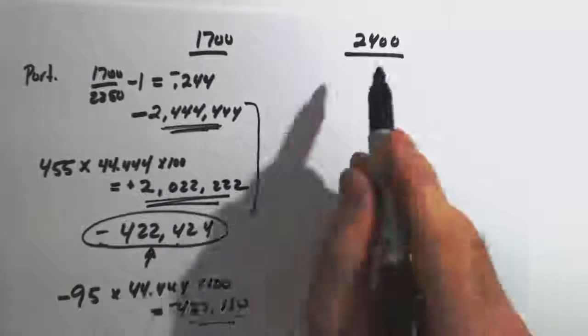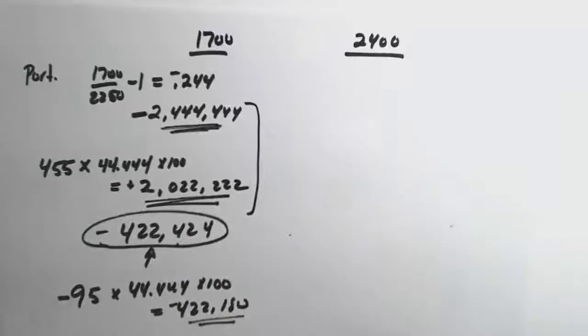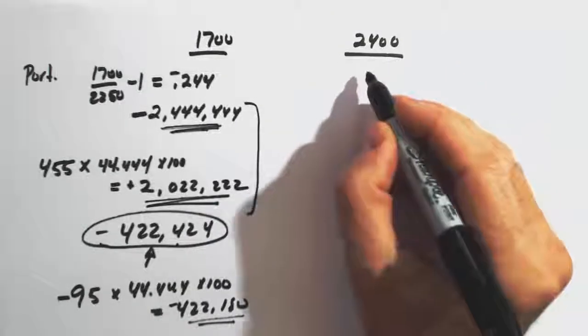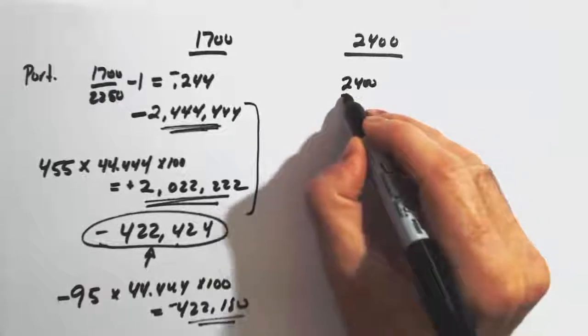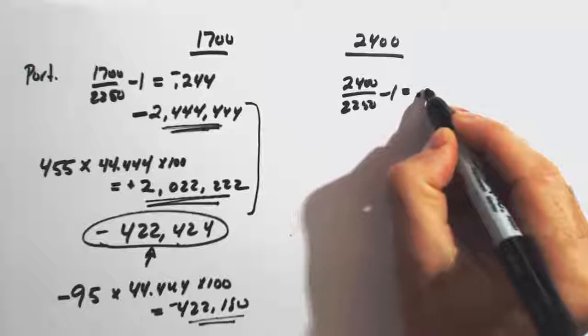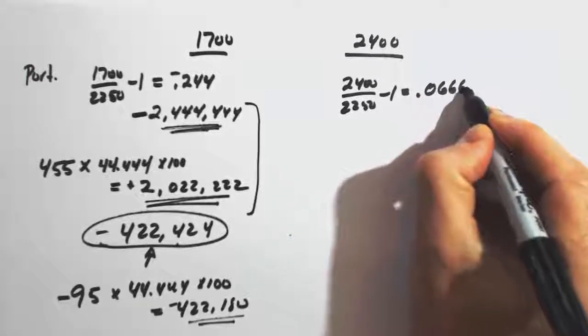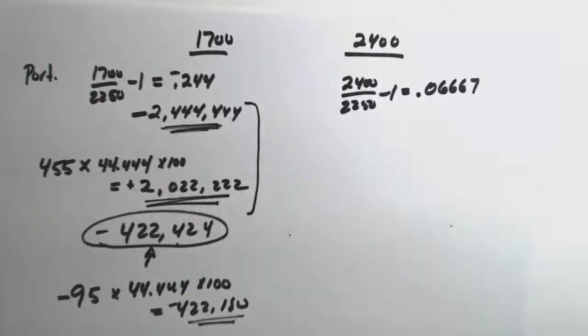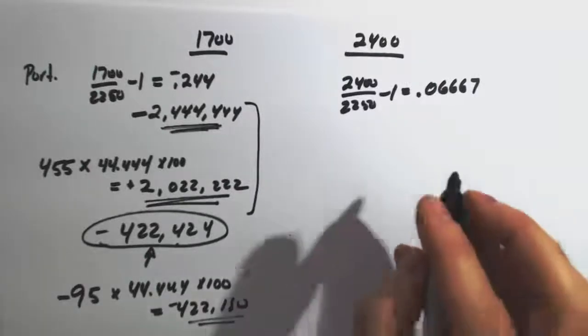Now let's do the 2400 scenario. So with the 2400 scenario, 2400 divided by the 2250 minus 1 gives us a gain of 0.0666, it keeps going. Okay.